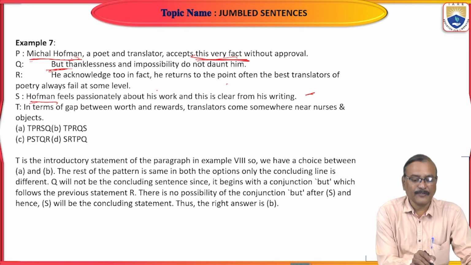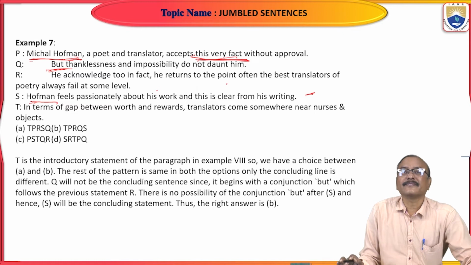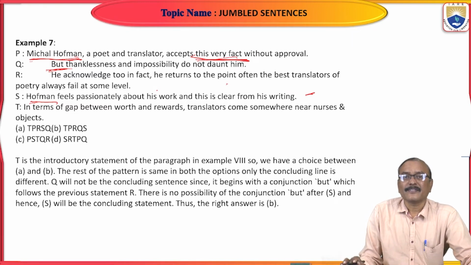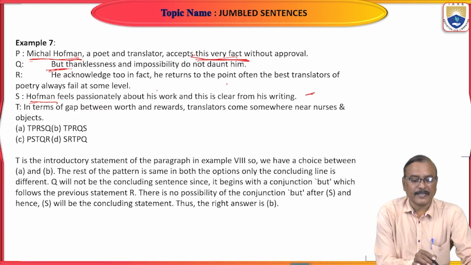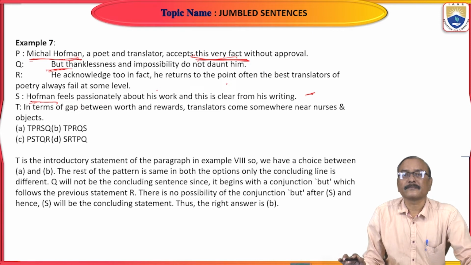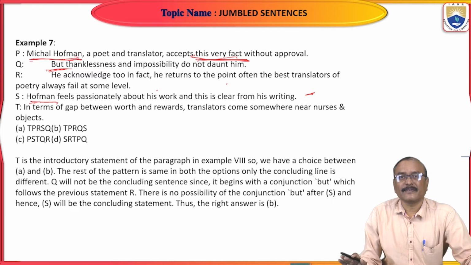Here, this is the full name. After using the full name, the second time you can use the half name. Is it clear? So, definitely yes will not come before P. Yes is also not the first sentence. P is not the first sentence, Q not first sentence, R not first sentence, yes not first sentence.